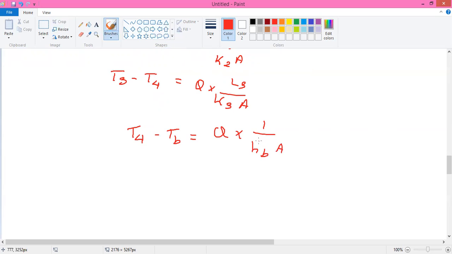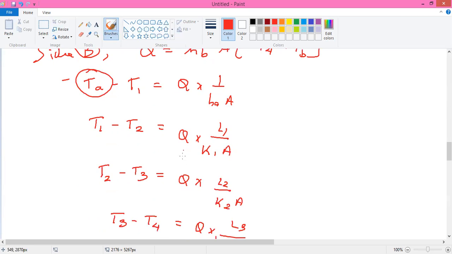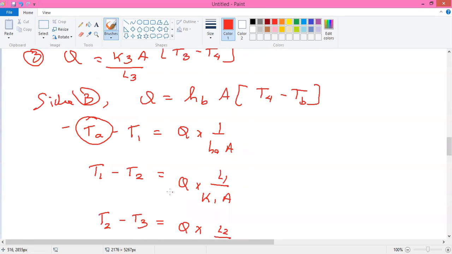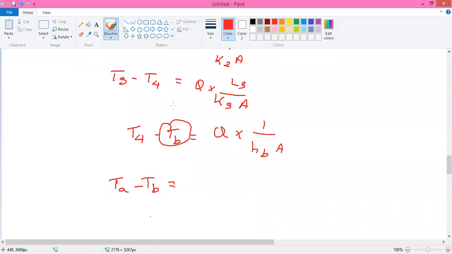Okay. So adding all the equations from TA to TB, TA minus TB gives all the values added. So all the right-hand side terms will be added.